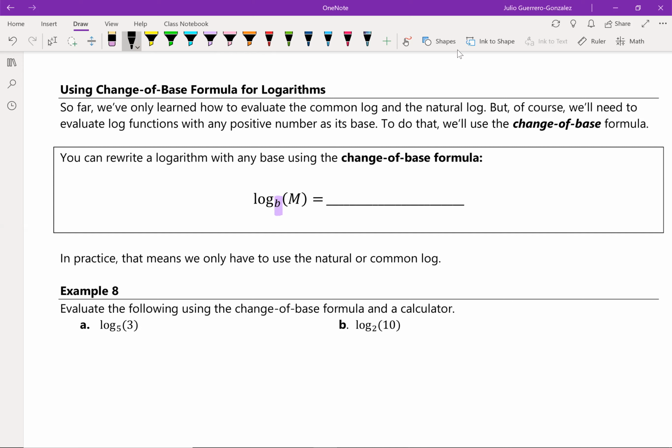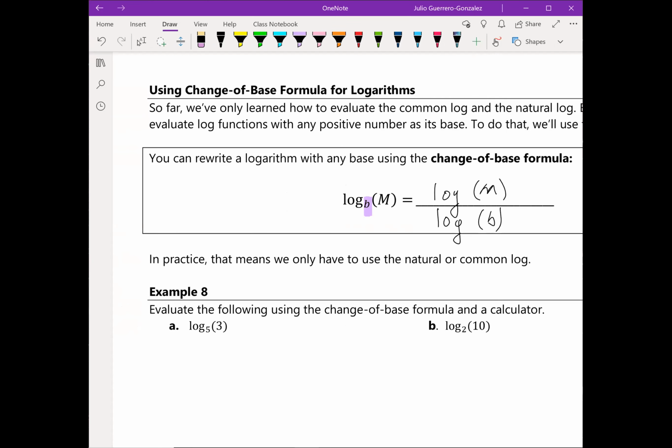And the way that happens is it's going to be log of M divided by log of B. And notice these are now base 10, right? So I'm not going to write them. I'm going to leave them off like that.